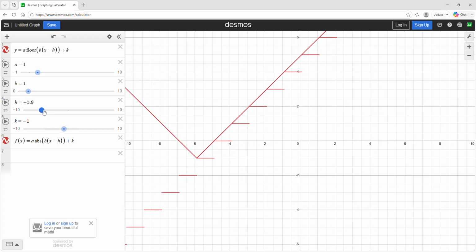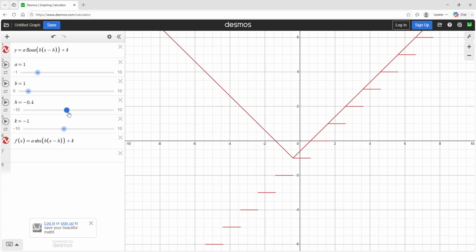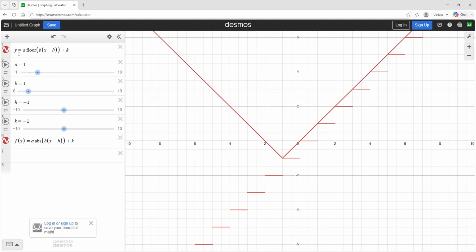So I hope that you enjoyed this particular one. If you would like to replicate this exact project I've done here, here are your two equations that you're going to need. You got your floor graph, which is your graph right here, your greatest integer graph, whereas this graph right here is just an absolute value graph. And you can see how those change.